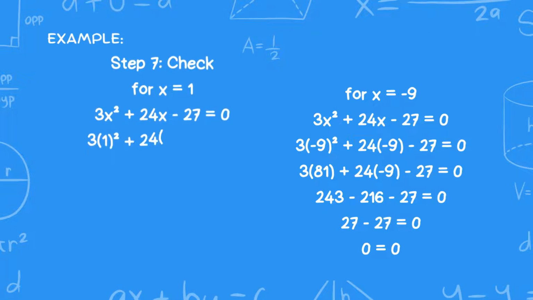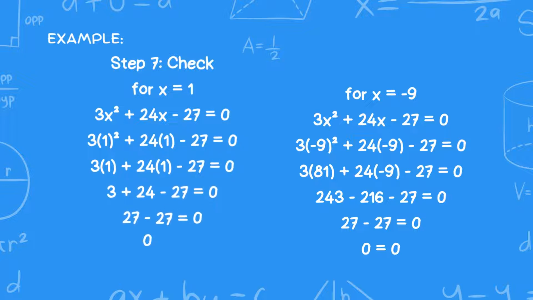For the last step, which is to check if our roots are correct, all we need to do is substitute the roots into the given equation, or for the value of x. So 3 times 1 squared plus 24 times 1 minus 27 equals 0.